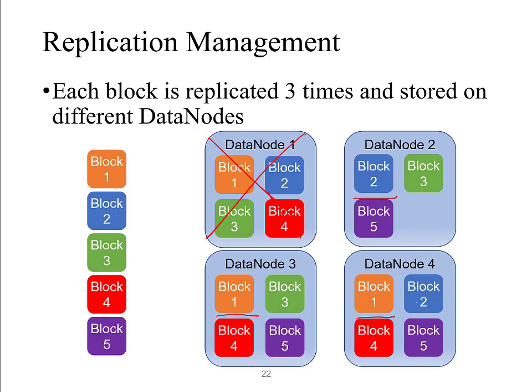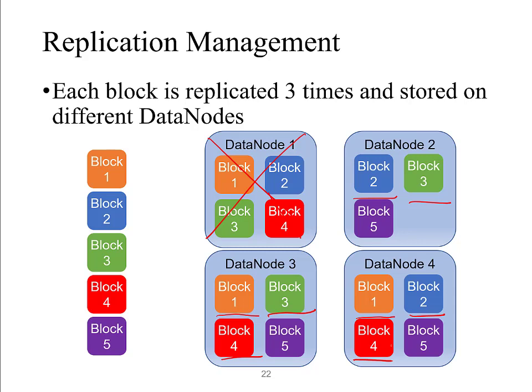We have block 2 here. We have block 3 and block 4. And we have 2 replicates of each block that is lost because of the failure of data node 1.